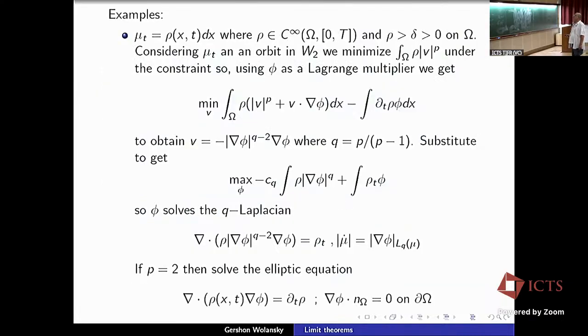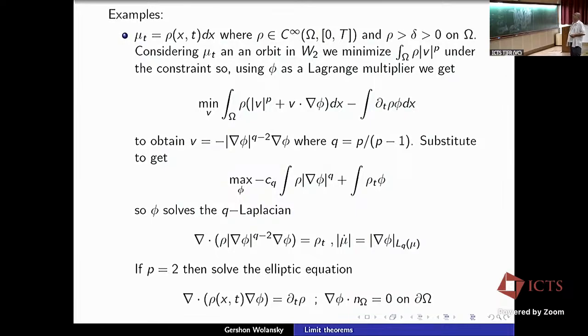So we have this continuity equation, rho dt phi minus rho dt phi plus v dot grad phi times rho, and phi is here a Lagrange multiplier for this functional.